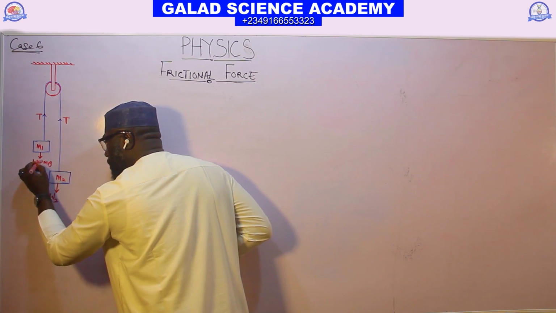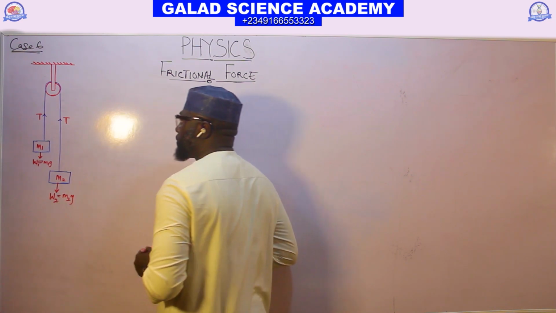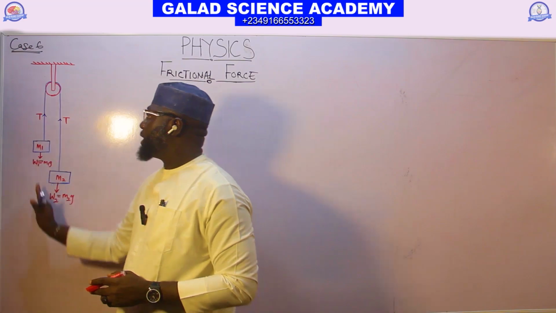The weight of this one will be M1G, and the weight of the other will be M2G. The weights of the two bodies are acting downward.